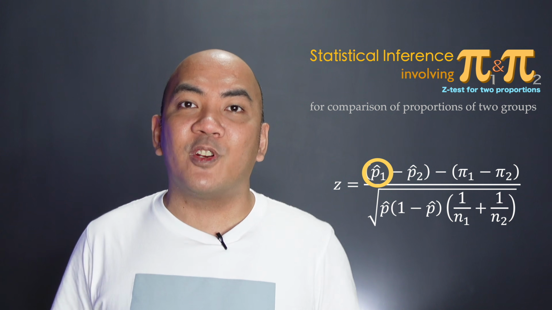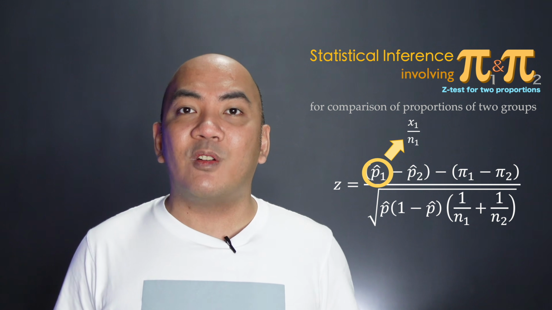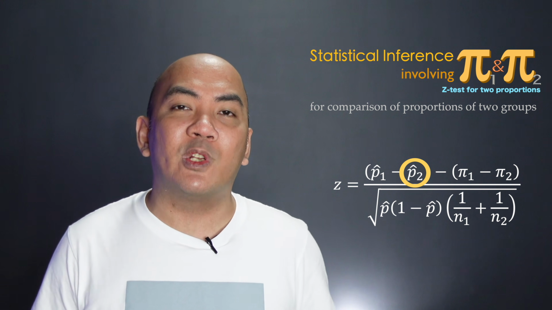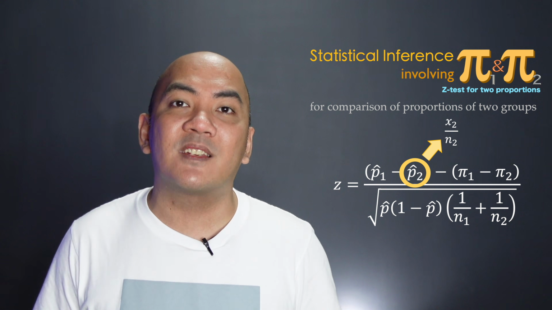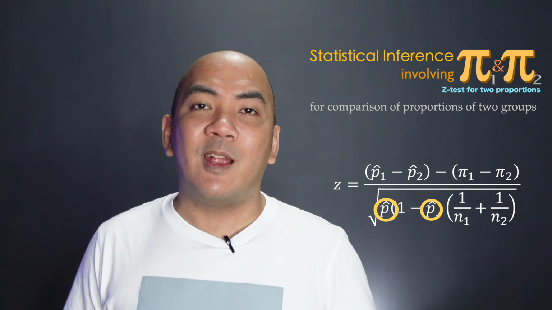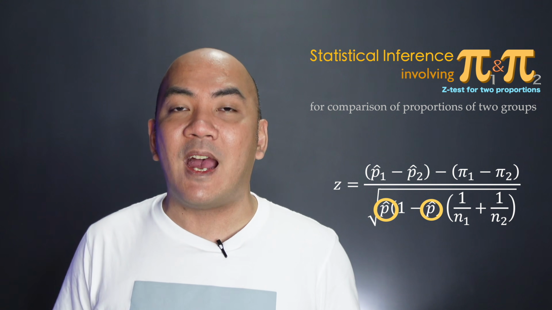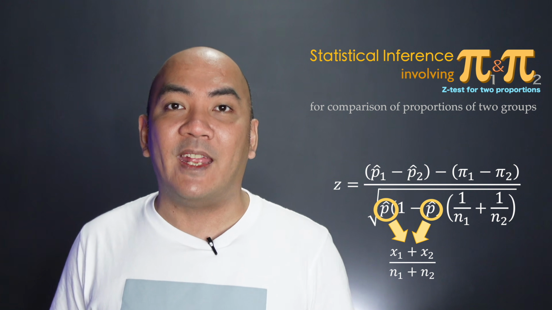And consider that the first proportion, which is denoted by p hat sub 1, is the x over n of the first group, and the second proportion, which will be denoted by p hat sub 2, is the x over n of the second group. And this time we have what we call the overall proportion, which is denoted by p hat, which is simply the sum of x divided by the sum of n.